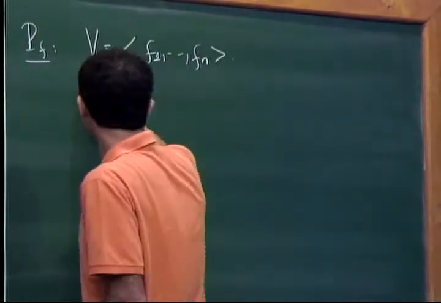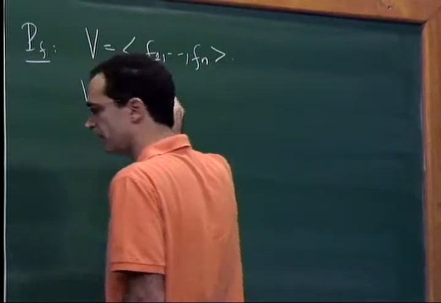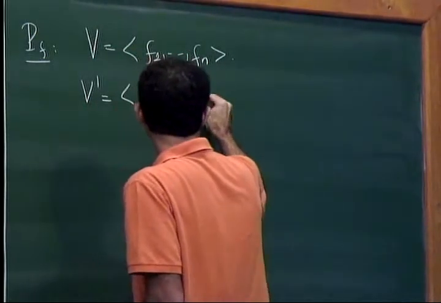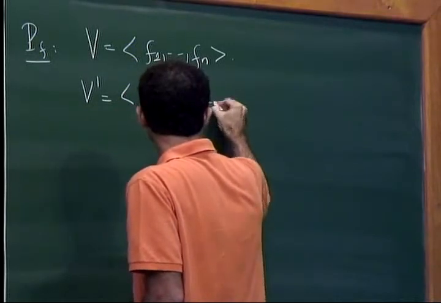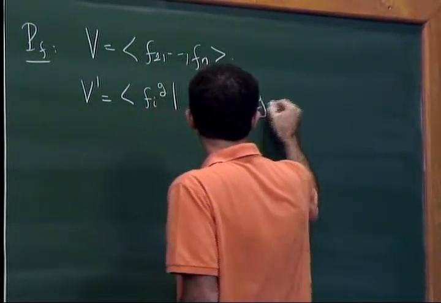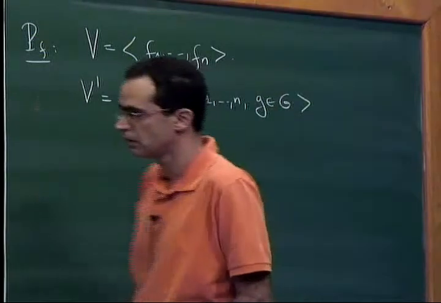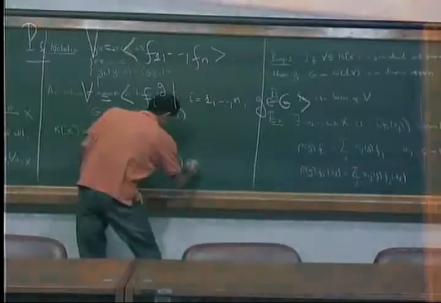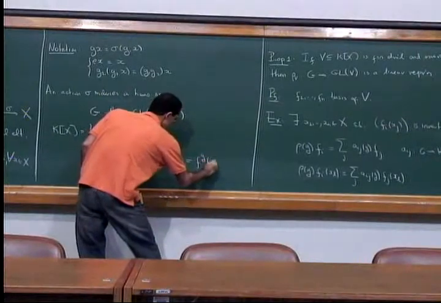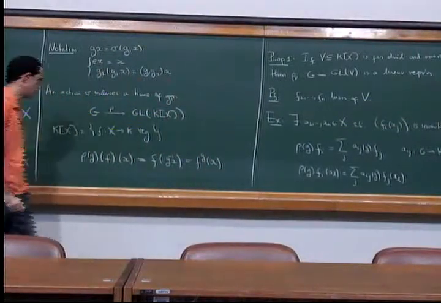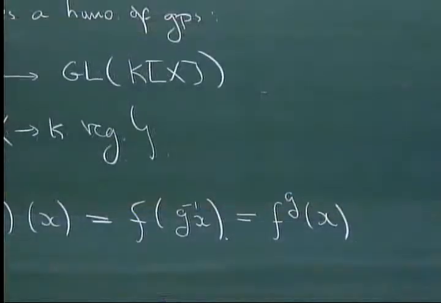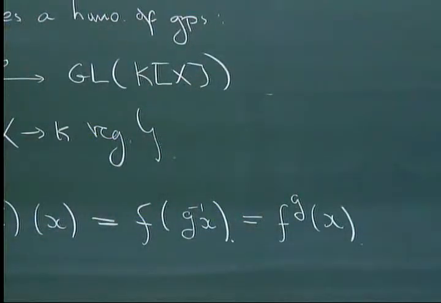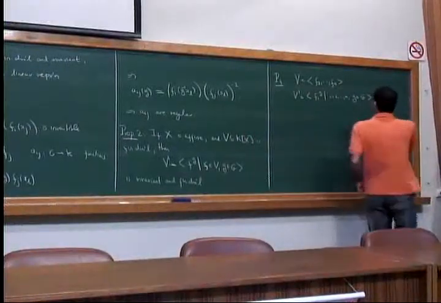And thus this V prime is generated, since the action is linear, by these Fi's and their modifications. Oh, by the way, I forgot to put it here, but I'm using the notation of last time, where I put the action on the top. Okay, so this is just the notation I'm using here and here.